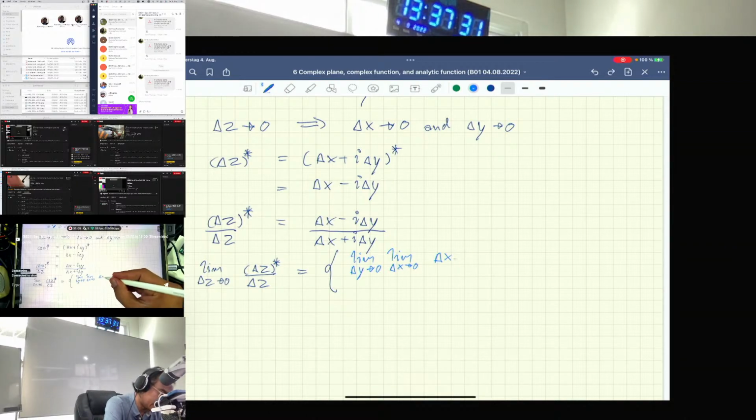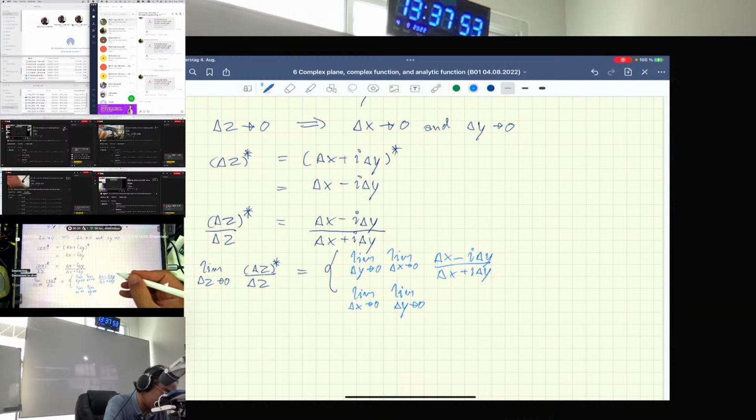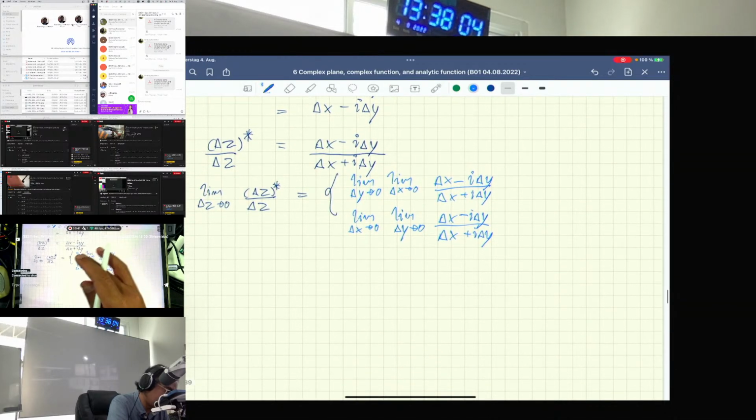Delta x minus i delta y divided by delta x plus i delta y. The second case is delta x tends to 0, limit delta y tends to 0, of the same ratio, delta x minus i delta y divided by delta x plus i delta y. Again the same two cases.